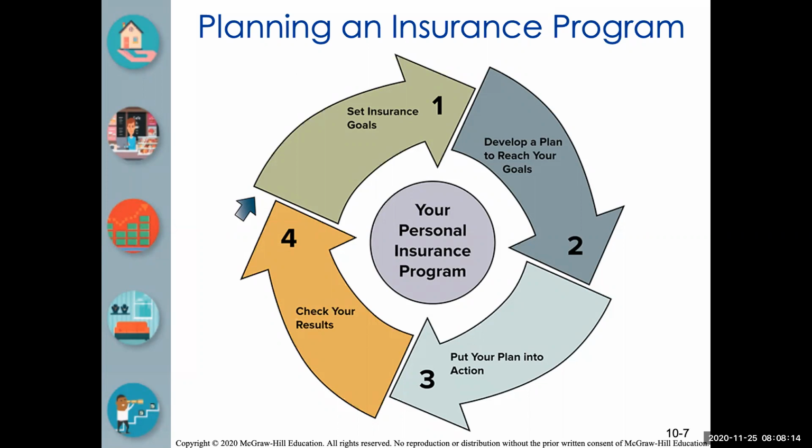And then step 3, we put it into action. We purchase the policy. And if in the event we do have a loss, we will have the opportunity to work with the insurance company. Hence step 4, check your results. See how easy they are to work with.